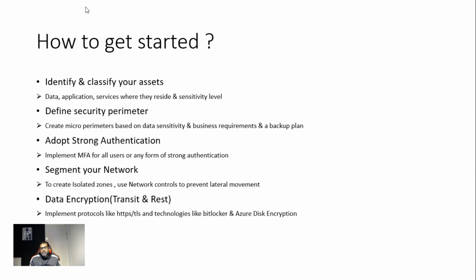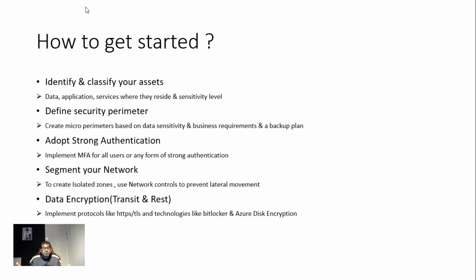And defining the security perimeter. Yes, this is not required when you're talking about zero trust. But initially, when you are starting from scratch on a vanilla deployment, it's really difficult to go directly to zero trust. So that's the reason you need to create micro perimeters.